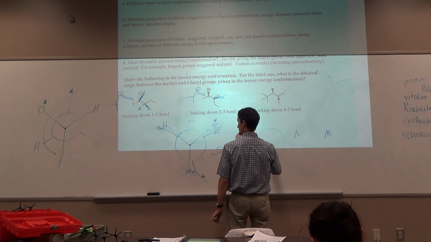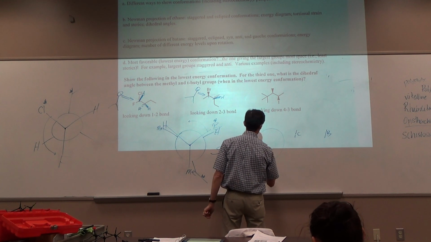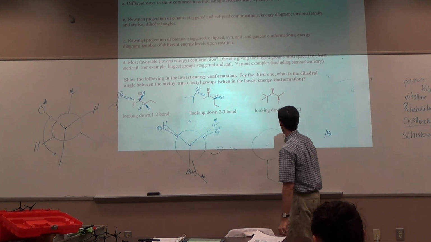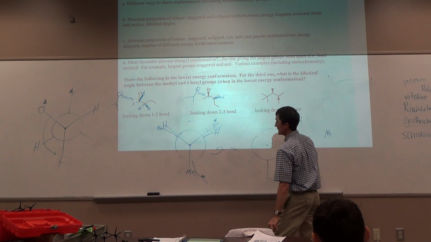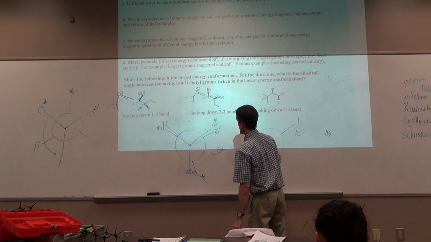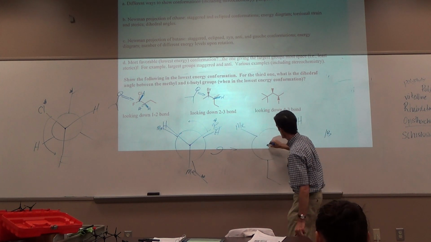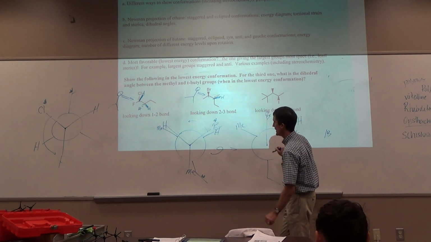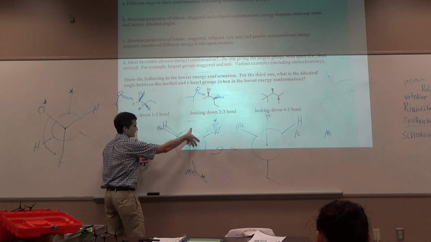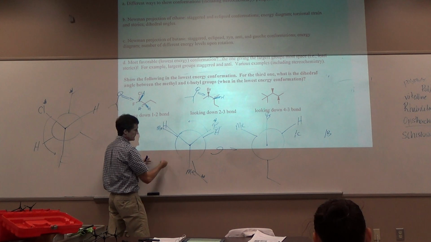We're not going to change the back. Back is the same, is that right? We just want the bromine to come up here. We're just turning this. So the H is going to come here.